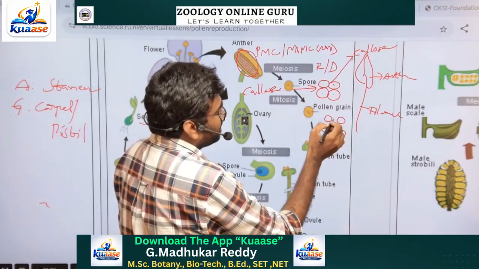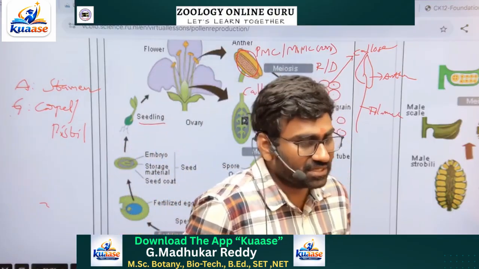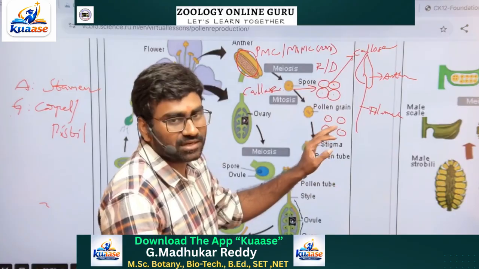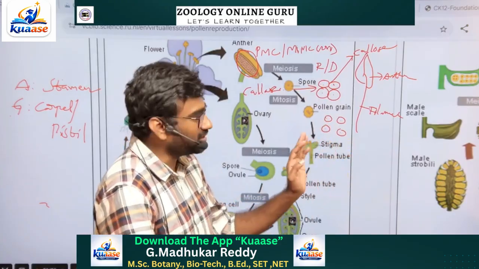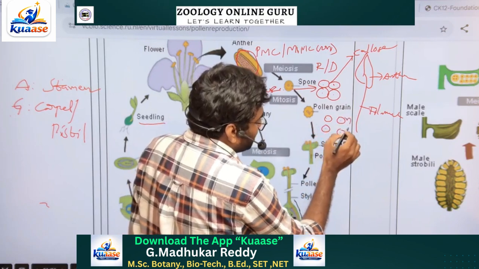These microspores are also called pollen grains, and these pollen grains are young and immature pollen grains. All are haploid in nature.